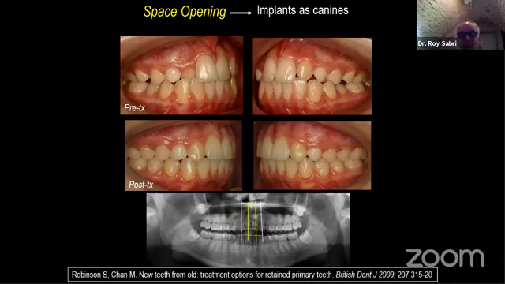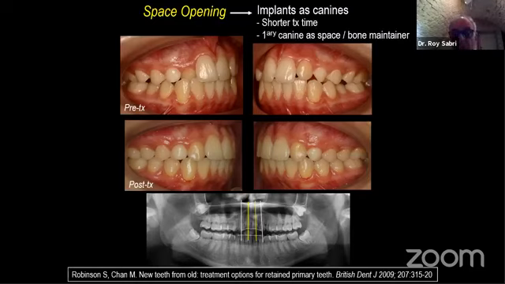What is the advantage of doing that? Of course, we can't do it unless the canine is favorable. The advantage is, first, it's shorter treatment time, because when you bodily move the canine back into its site, it's longer treatment time.